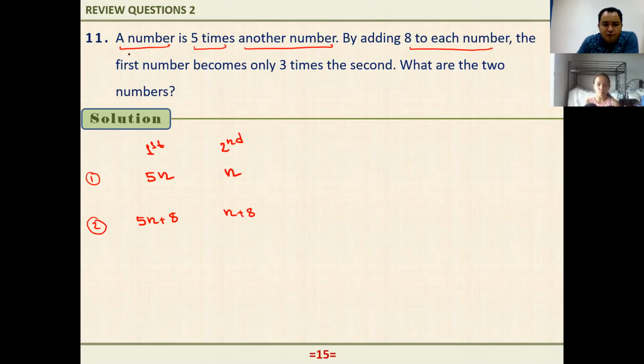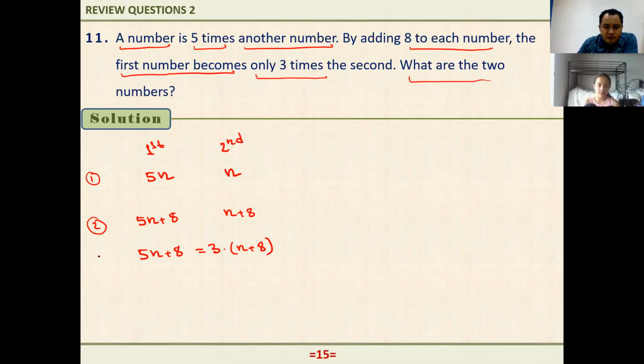It says that the first number becomes only 3 times the second. So that means this 5n plus 8 becomes only 3 times the second. What is the second number? It is n plus 8. Now the question is, what are the numbers? So we need to find this number and this number. Okay?